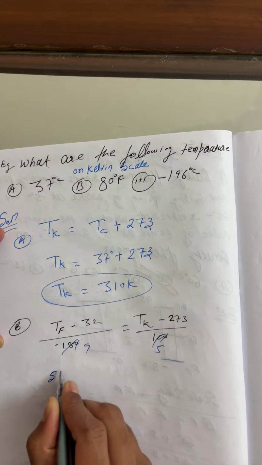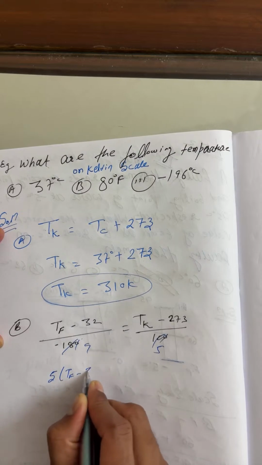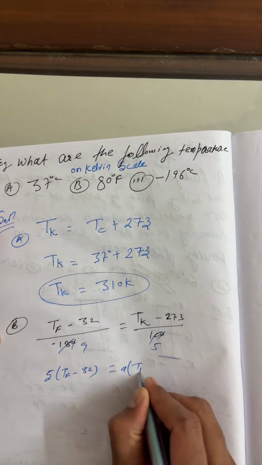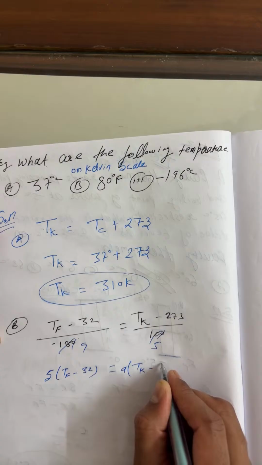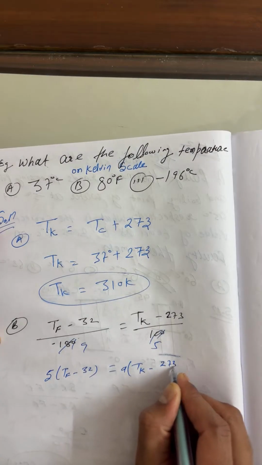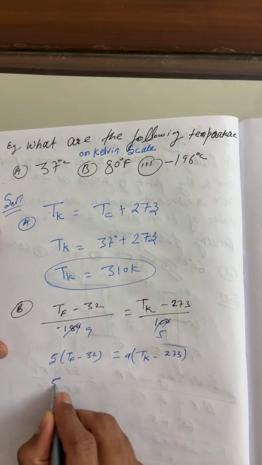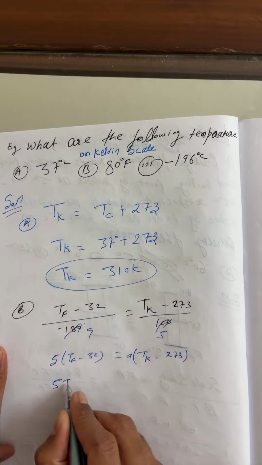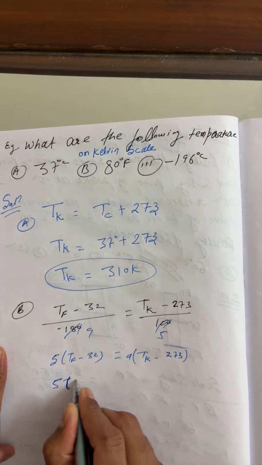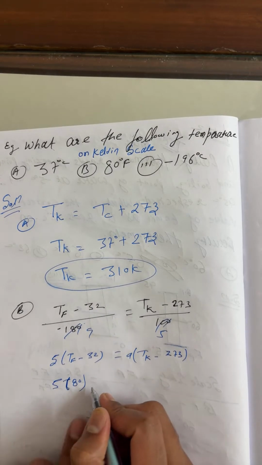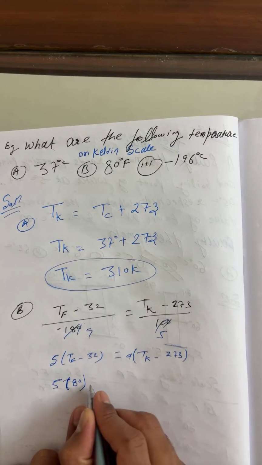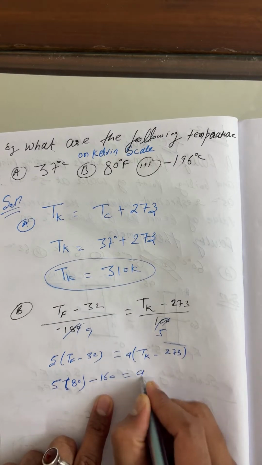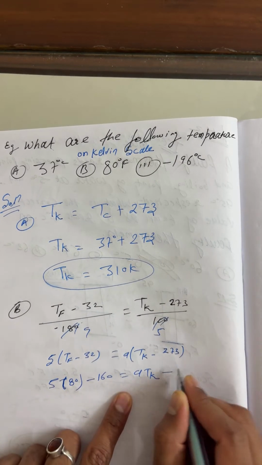So 5 times temperature in Fahrenheit minus 32 is equal to 9 times temperature in Kelvin minus 273. Further solving here, 5 times, this is temperature in Fahrenheit 80, so 5 times 80 minus 160, which is equal to 9 times temperature in Kelvin minus 9 times 273.